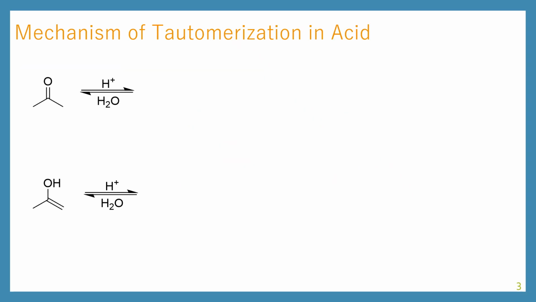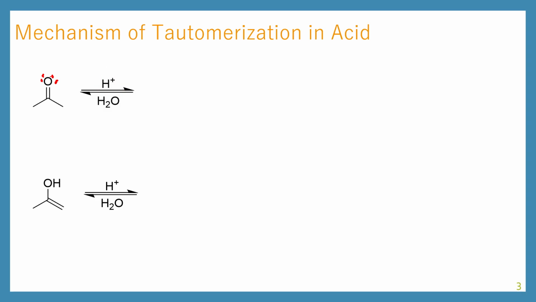So let's take a look at the mechanism of how these bonds are made and broken. So starting with the keto form, if we are in acidic conditions, which we would be for going between the keto and enol forms, we are going to start by protonating something. Anytime you're in acid, I always tell you to protonate something.